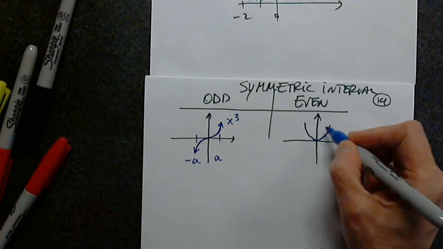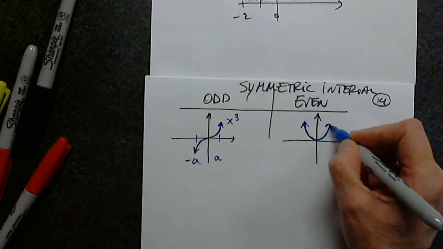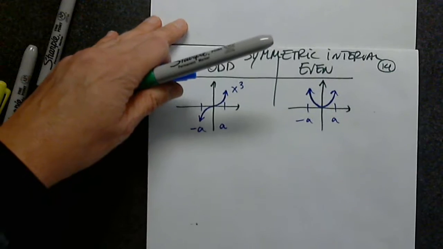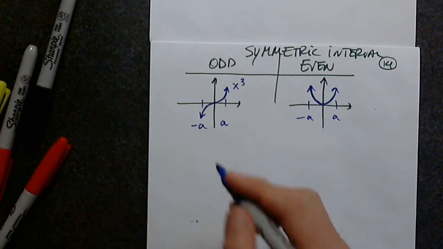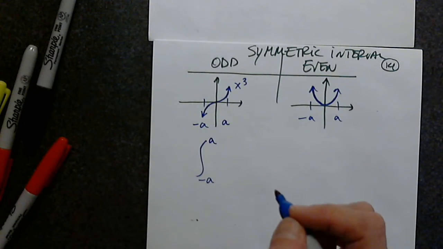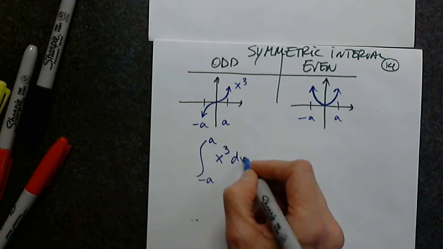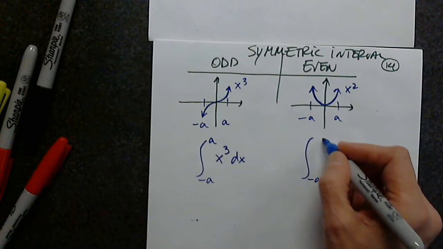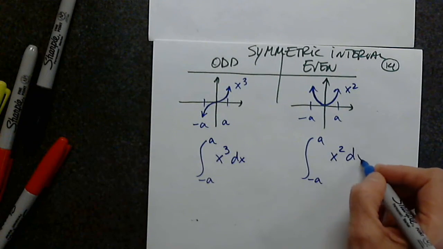Can you think of one? X squared. Good. Perfect. We want to determine the integral from -a to a of x cubed dx. And then the integral from -a to a of x squared dx.